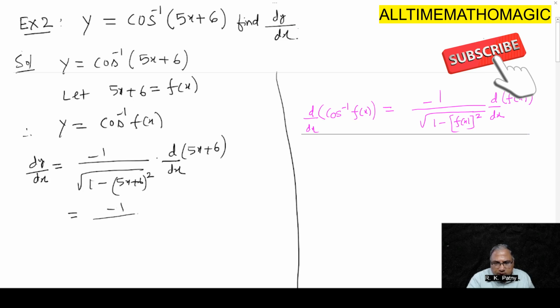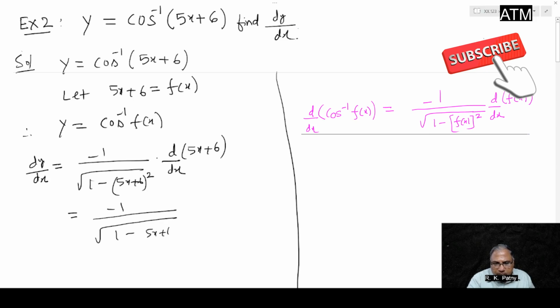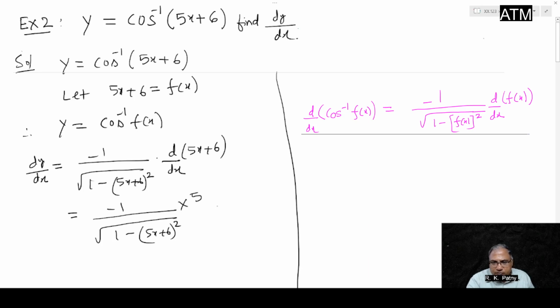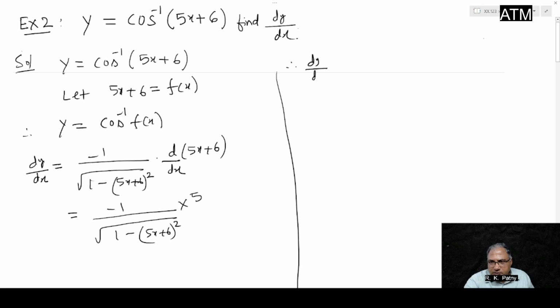So minus 1 upon under root of 1 minus (5x plus 6) whole square. Derivative of 5x is 5 and derivative of 6 is 0. Therefore, dy by dx equals to minus 5 upon under root of 1 minus (5x plus 6) whole square.